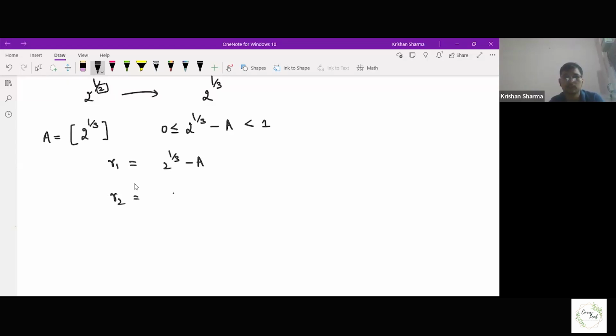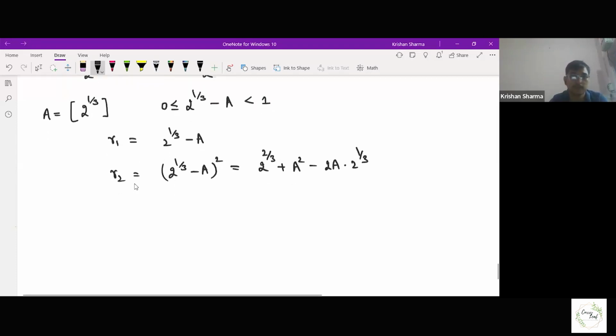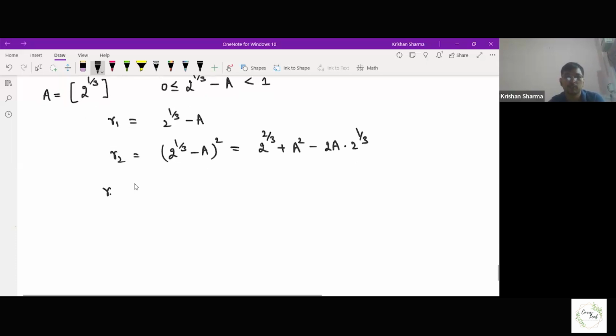R2 is equal to 2 raised to power 1 by 3 minus a whole square. If you open it, that will give you 2 raised to power 2 by 3 plus a square minus 2a into 2 raised to power 1 by 3. Now, if I ask you about R3, it is 2 raised to power 1 by 3 minus a whole cube.